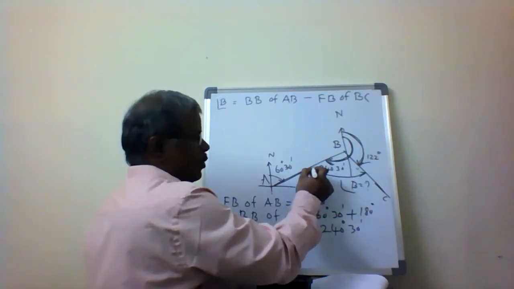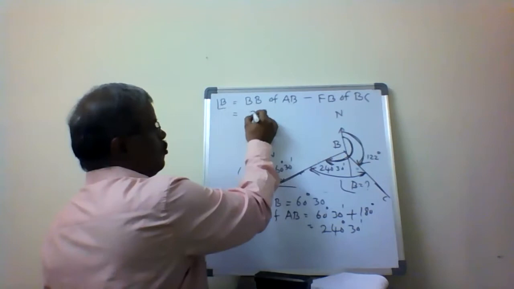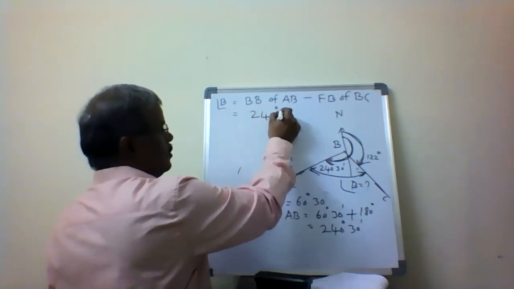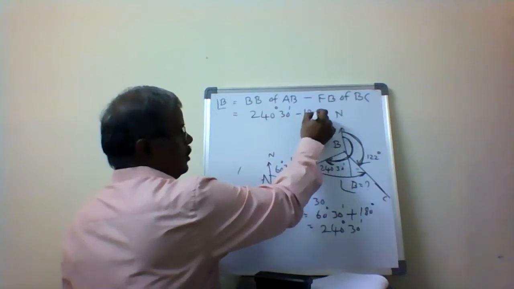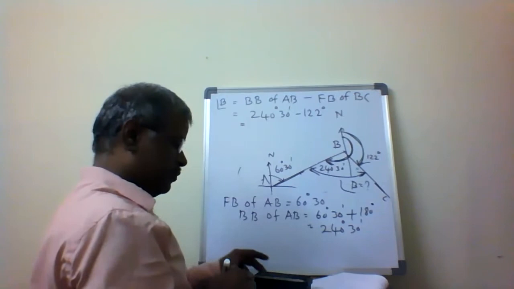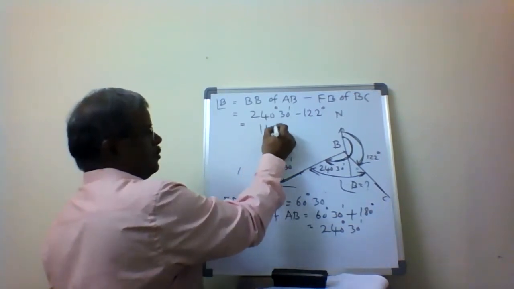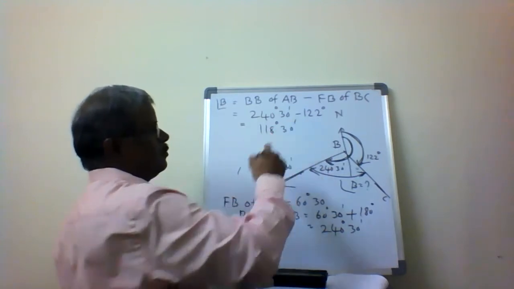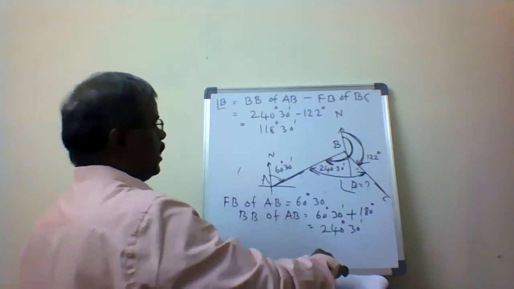So I can calculate angle B: the backward bearing of AB is 240 degrees 30 minutes minus the forward bearing of BC, 122 degrees. So now angle B is 180 degrees 30 minutes. This is the angle B I calculated.